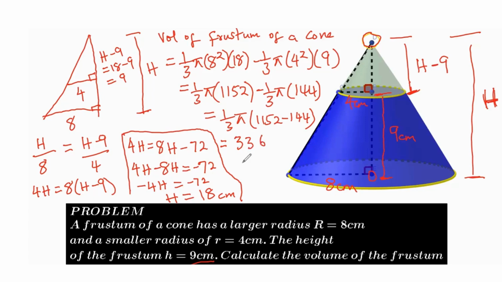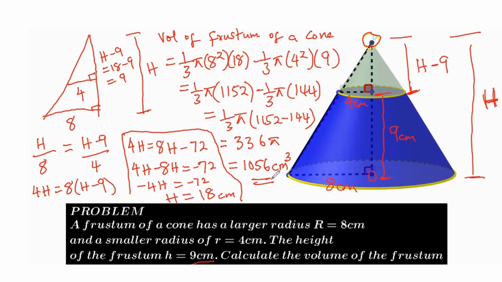336 pi. Of course, if we substitute 22 over 7 for pi, this is going to give us 1,056 cubic centimeters.